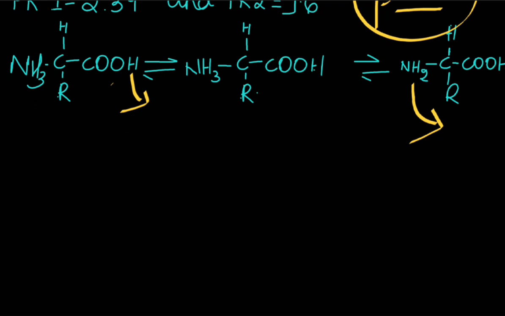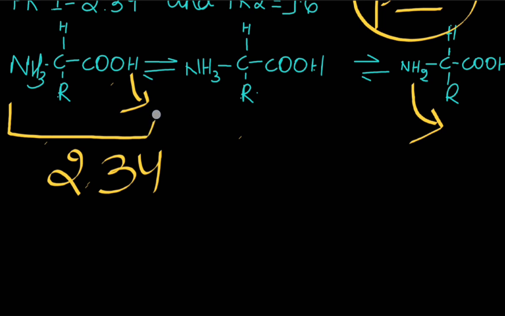So when the pH is below 2.34, the amino acid has not yet reached that point.